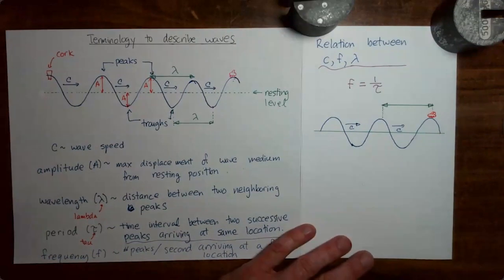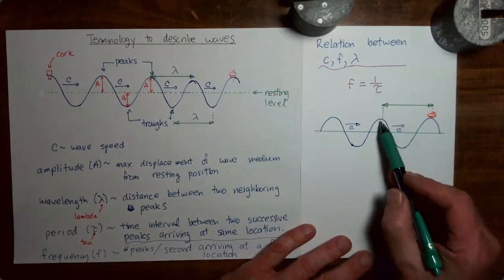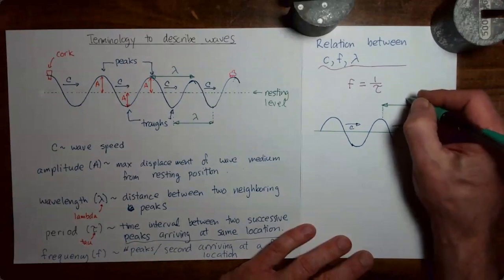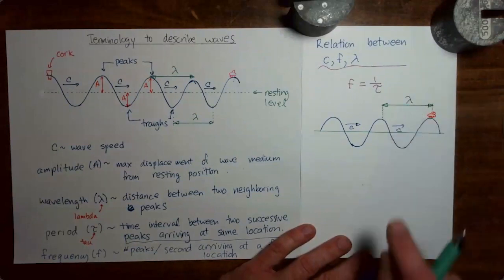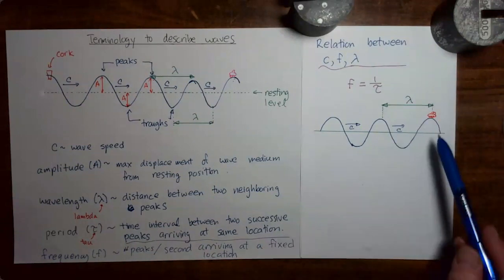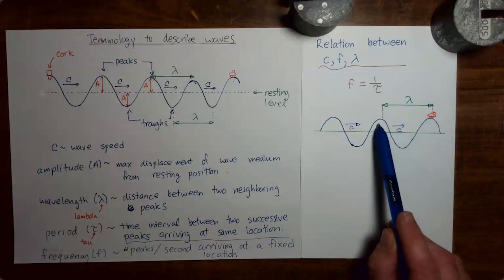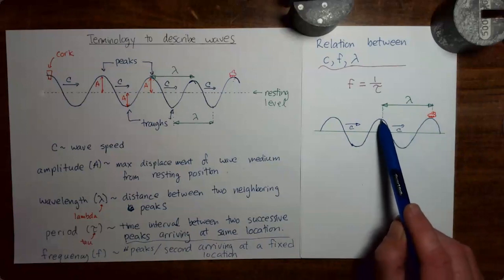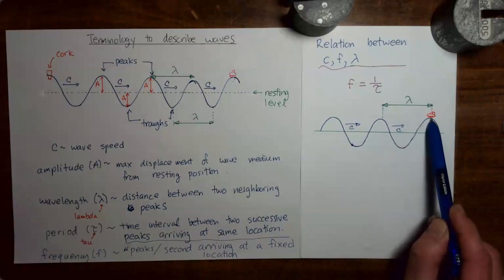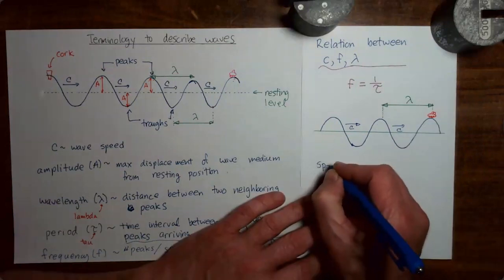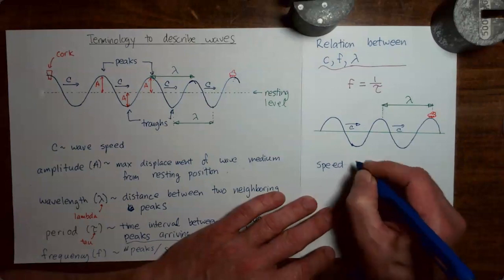And let's say again that the distance between two neighboring peaks is the wavelength lambda. We're going to consider a process in which the insect is currently sitting on top of one wave peak, and then we are going to follow along as the next wave peak moves from here over to the position of the insect. So what would be the speed of that wave peak?